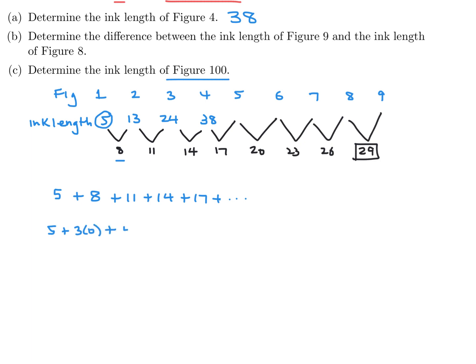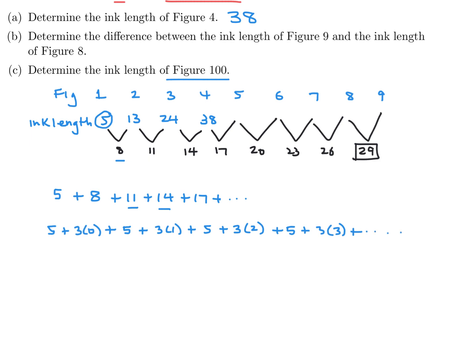That 8 is a 5 plus 3 times 1. The 11 is a 5 plus a 3 times 2. Okay, I got it. I'm seeing a pattern here. Is that right? Yeah. And the 14 would be a 5 plus a 3 times 3. Okay, and so on.